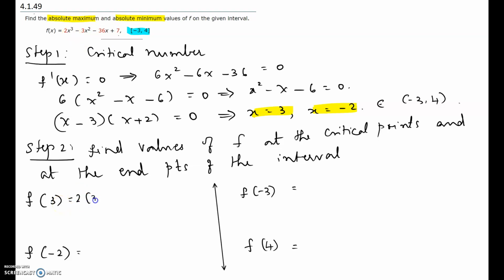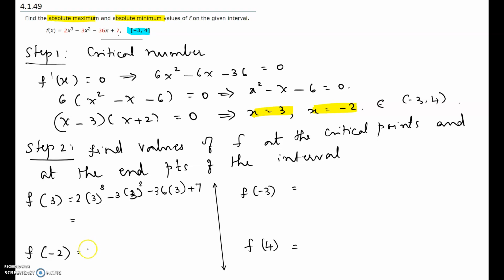So 2 times 3 cubed minus 3 times 3 squared minus 36 times 3 plus 7.